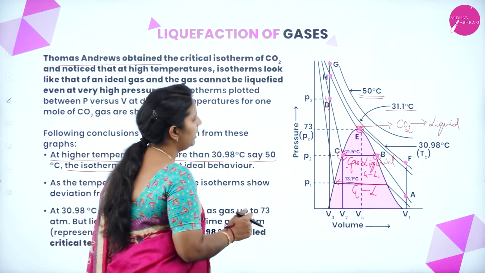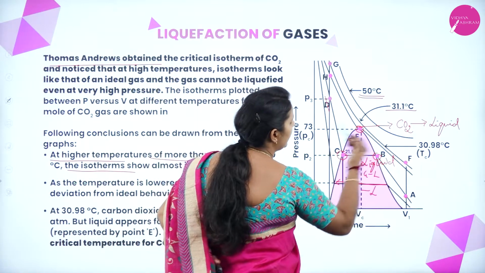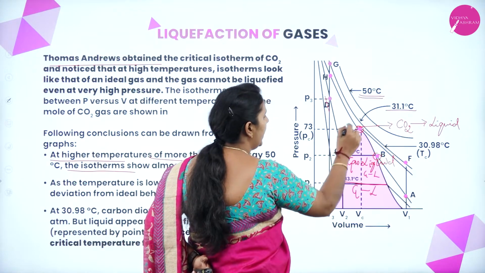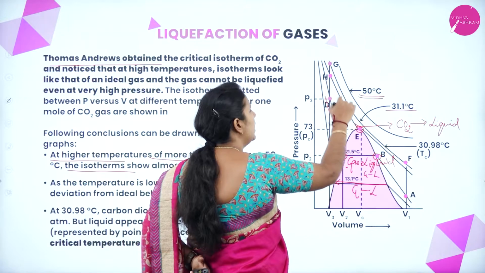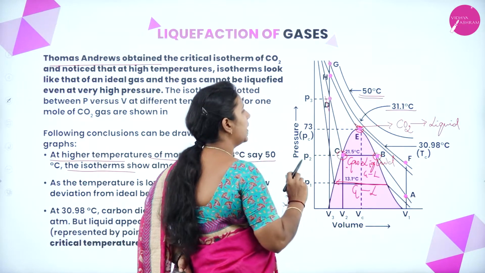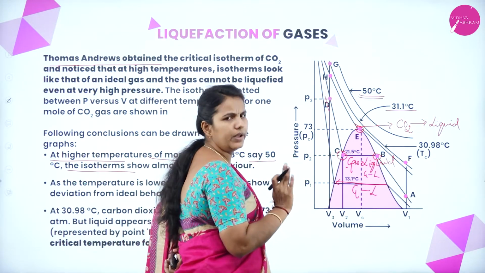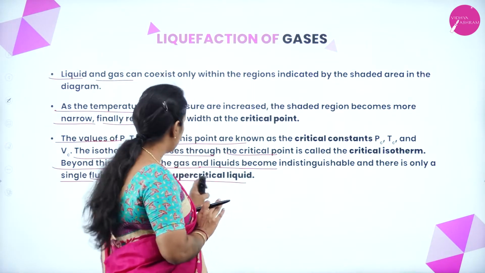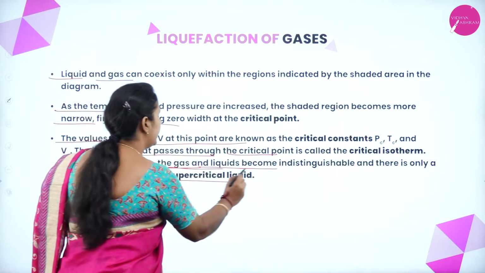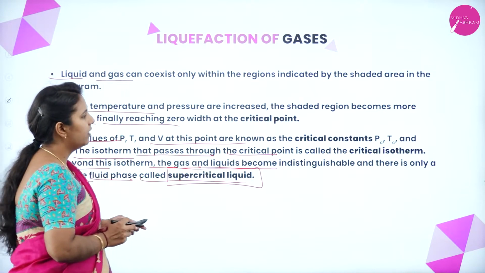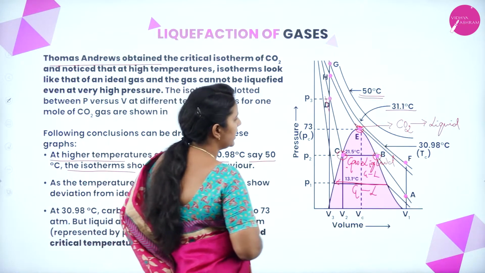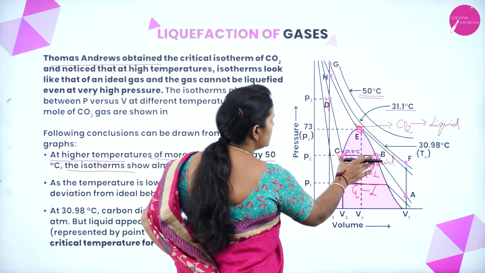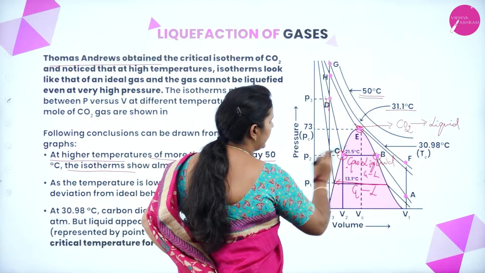Here you can see that at a temperature of 30.98, the entire gas is converted into liquid. After that, when you increase the pressure, the entire gas completely becomes liquid. Hence it is known as a supercritical fluid. Okay. And also here you can see that at a temperature of 21.5, there is a coexistence of the liquid and the gas.